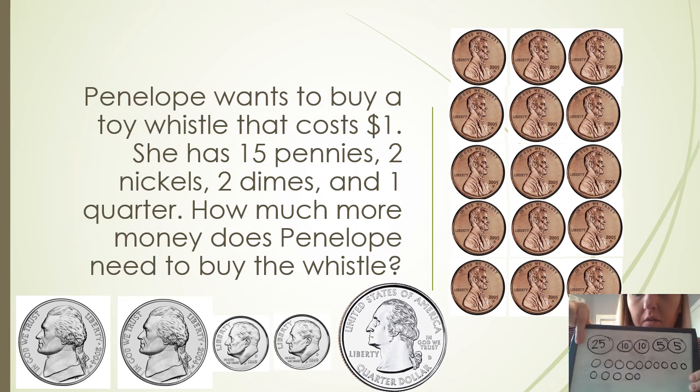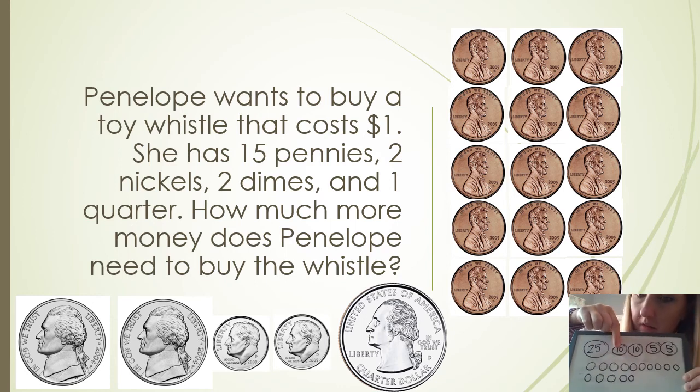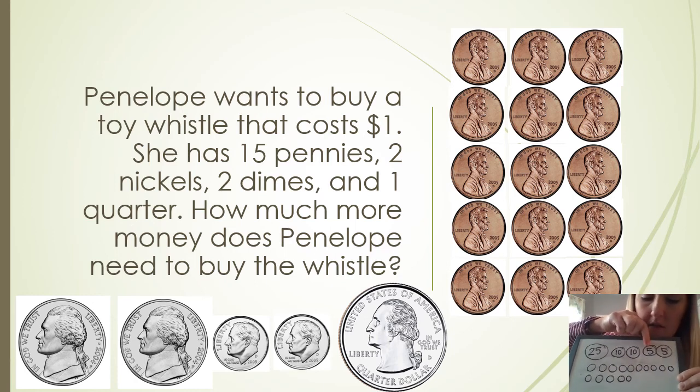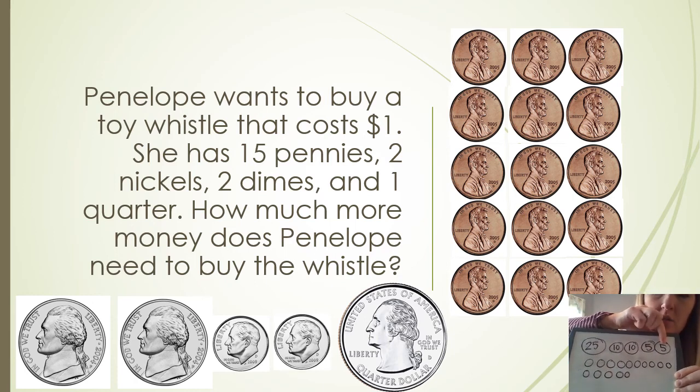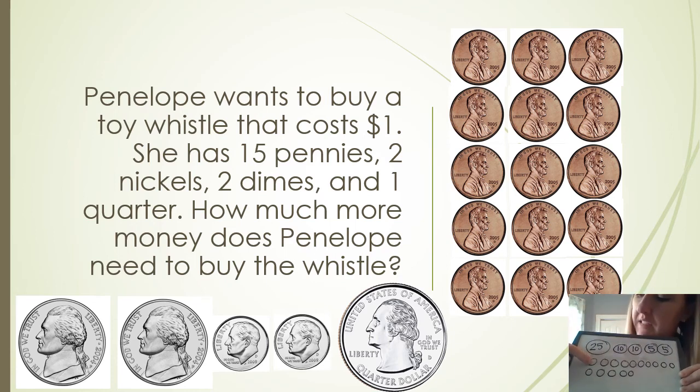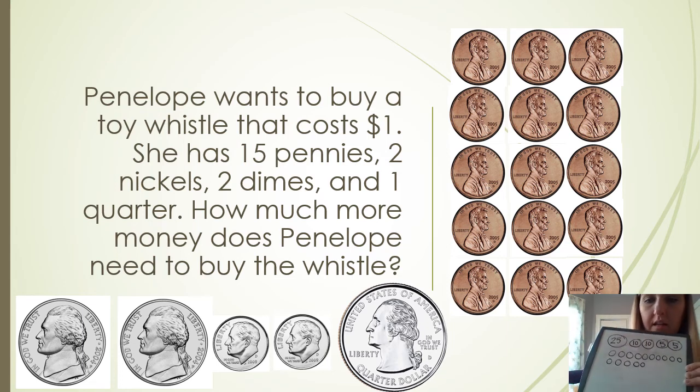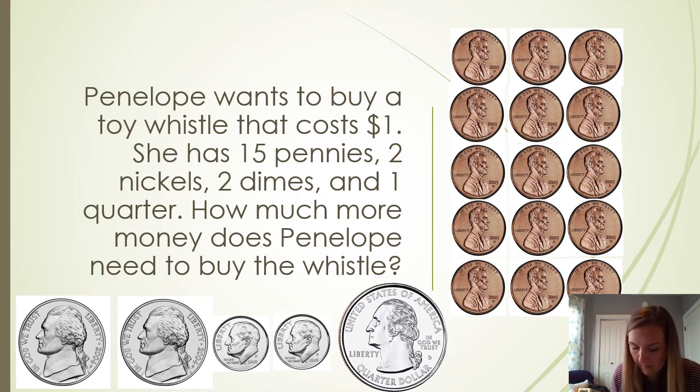Ready, set, go. 25, 35, 45, switch to 5s, 50, 55, switch to 1s, 55, 56, 57, 58, 59, 60, 61, 62, 63, 64, 65, 66, 67, 68, 69, 70. Penelope has 70 cents so far.